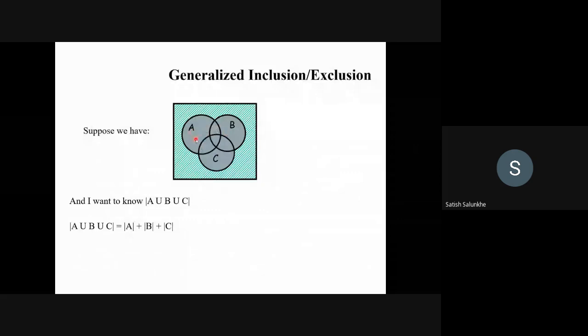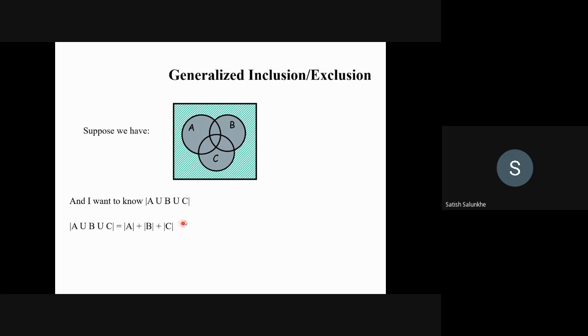Since we have added the cardinality of A and the cardinality of B, let us take these two into consideration. We want to eliminate this common portion, so therefore minus the cardinality of A intersection B. Similarly, we have added the cardinality of A and the cardinality of C together, and this portion is included in both places, so we need to eliminate it once.